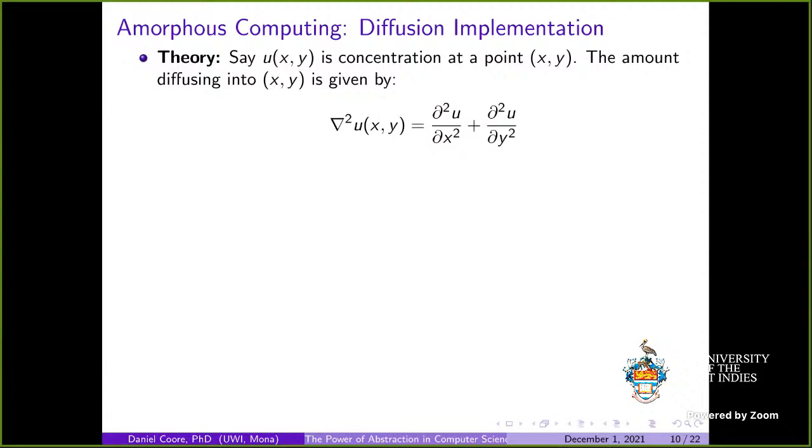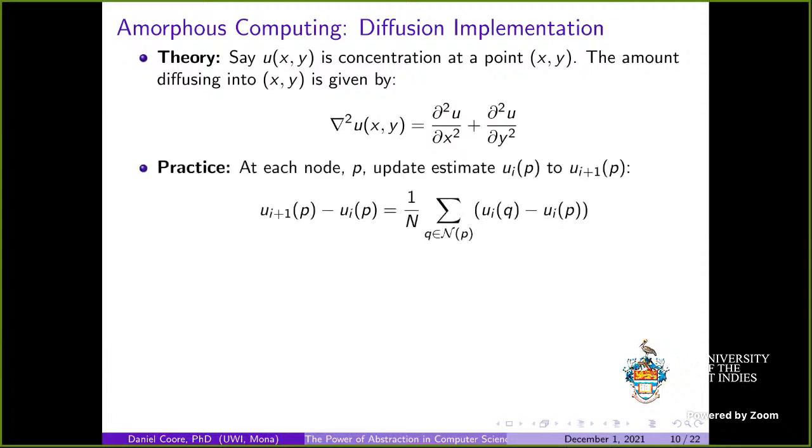But this operator, and understanding what math can tell us about it, provides very good direction to us when we are thinking about physical systems that do have diffusion in them. And so this operator is often used to represent that process.